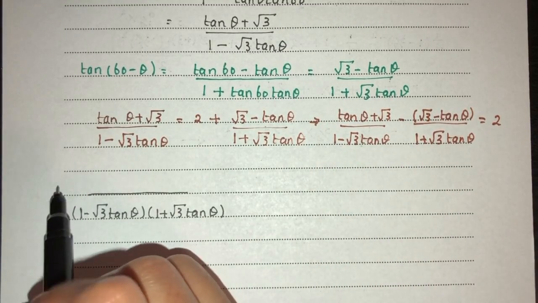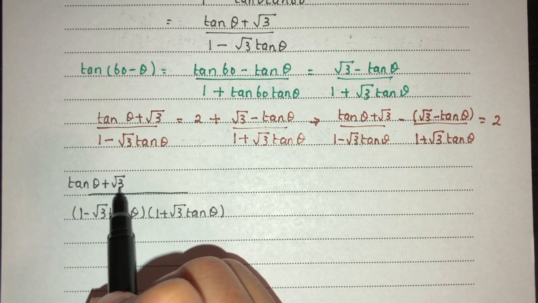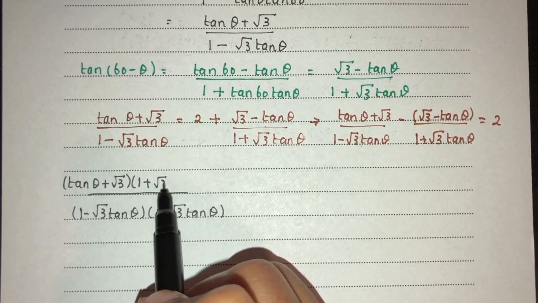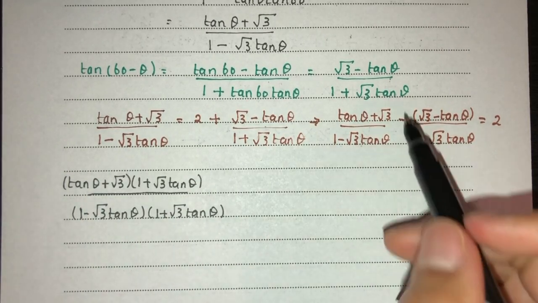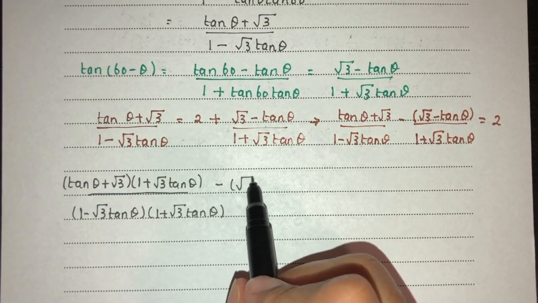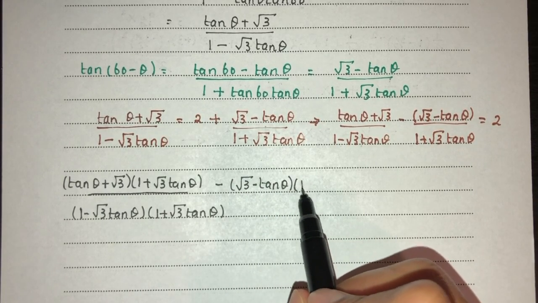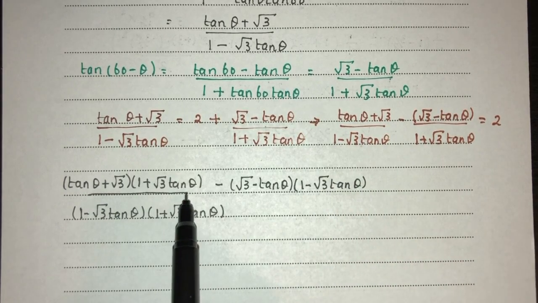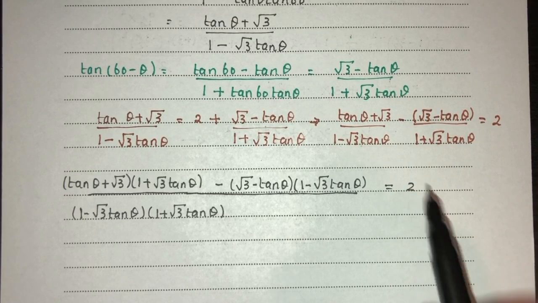So on this side you will have tan of theta plus root 3 times this one, 1 plus root 3 tan of theta. And then for this side you will have minus root 3 minus tan of theta times 1 minus root 3 tan theta. That is equal to 2.